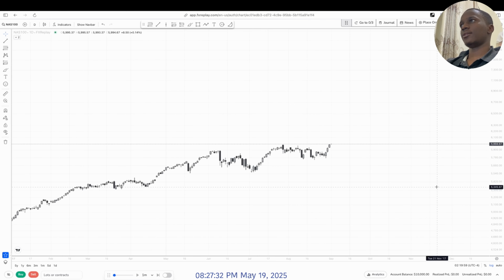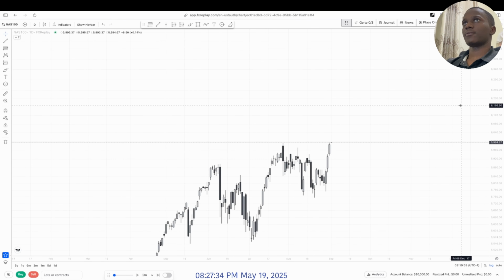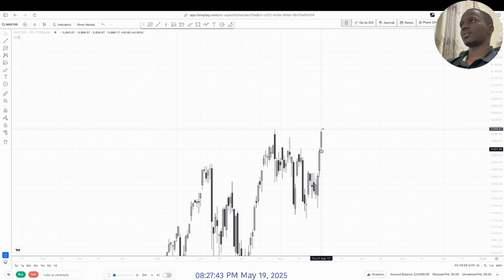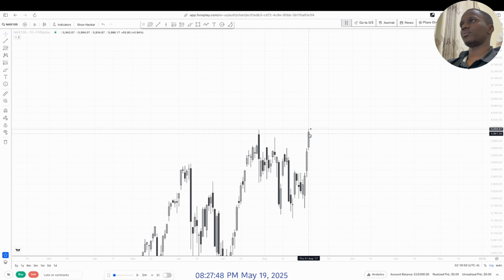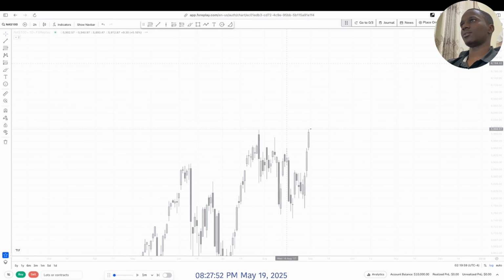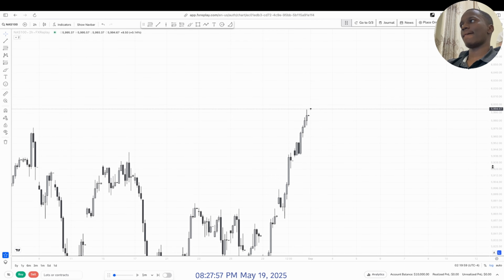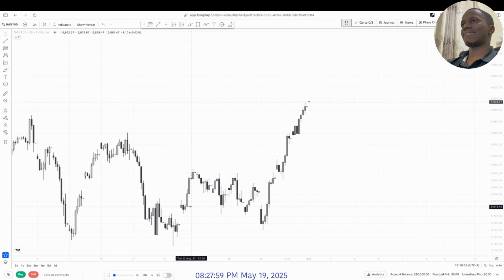I've got the daily now. Okay, got the daily. This is Friday. You can see that we have that imbalance, and we are expecting to continue to push higher. We don't have any liquidity points, so maybe we might get a small retest and then a push higher. So let's go to the 2 hour now and see a retest of this gap right here, and then we push to take up this.